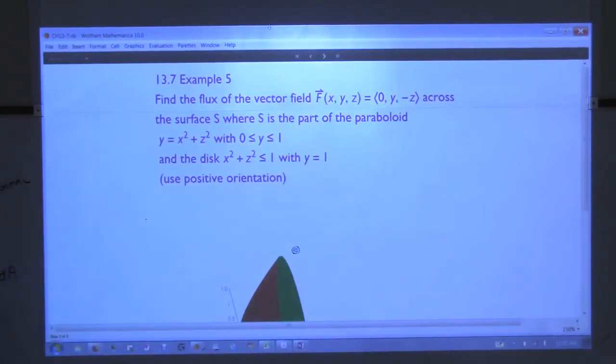This is also equivalent to, if z is a function of x and y, the double integral over D of (-P times the partial of g with respect to x, minus Q times the partial of g with respect to y, plus R) dA.